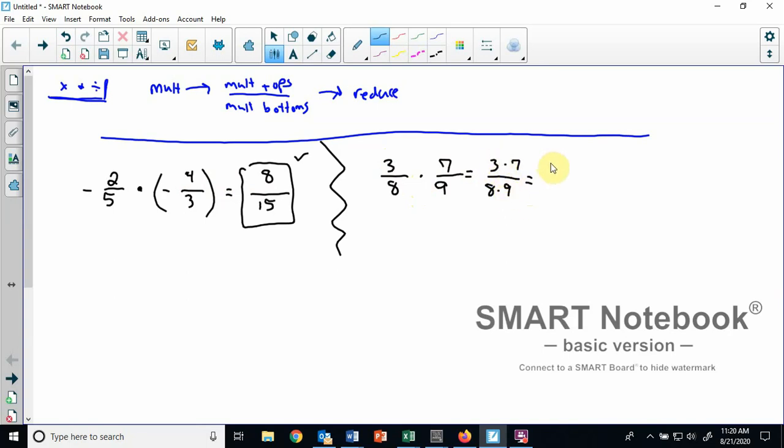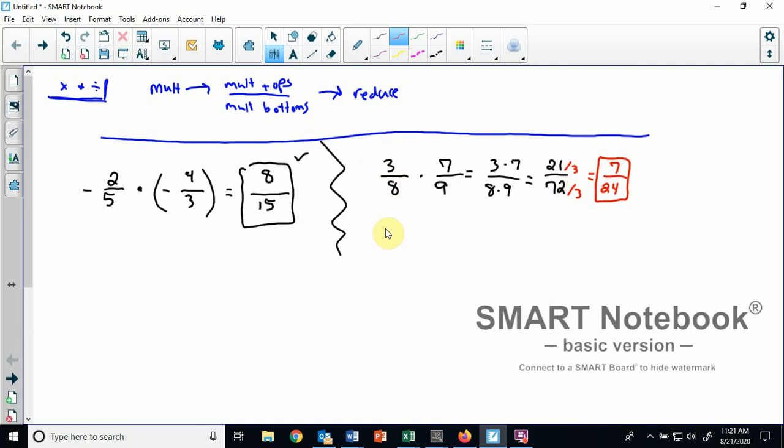Some people don't see that, and so they go ahead and carry on through, and they see 3 times 7 is 21, and then they go on to do 8 times 9, and they get that that's 72. Then those are large numbers. It's hard to see if they reduce or not. I'm going to tell you they do reduce. Both of them are divisible by 3. And the top one, 21 divided by 3 is 7. And 72 divided by 3, I believe, is 24. So sometimes reducing these at the end can be kind of tricky.